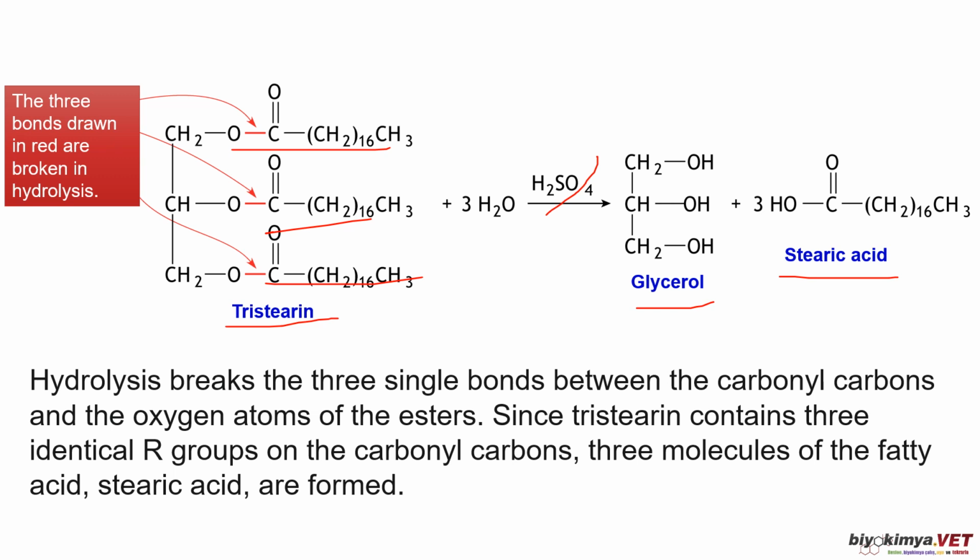This means hydrolysis breaks the ester bonds between the carbonyl carbons and the oxygen atoms of the triglyceride or the glycerides or the esters. Since tristearin contains three identical R groups, which are the stearic acid on the carbon, three molecules of the fatty acid stearic acid are formed.